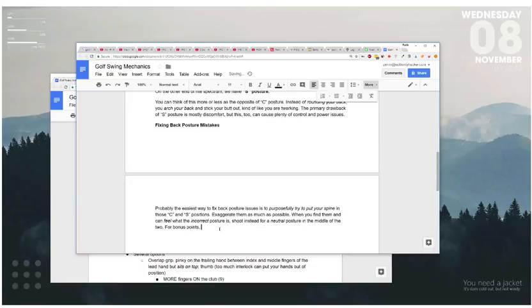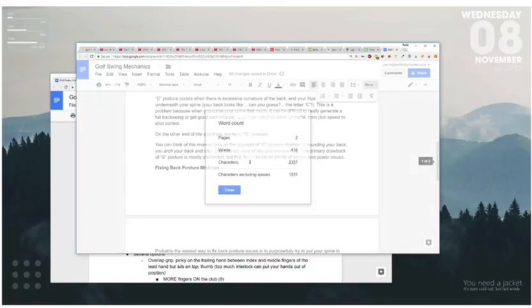For bonus points, have a friend take your picture of a straight back and try to commit that posture to muscle memory by practicing. Commit spelled wrong.